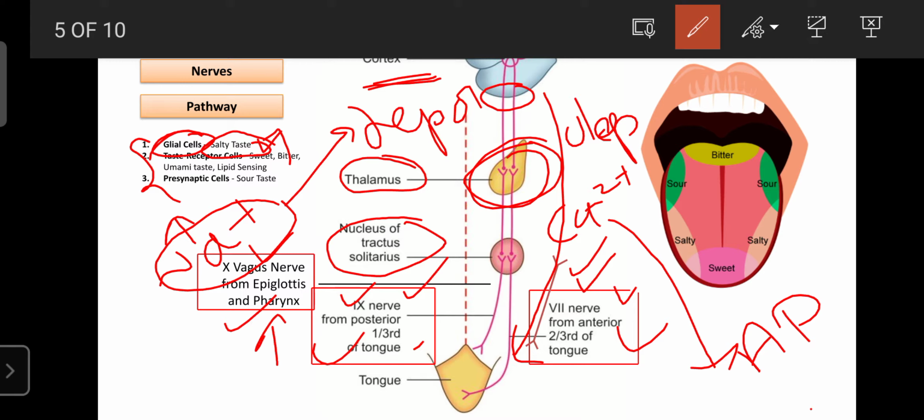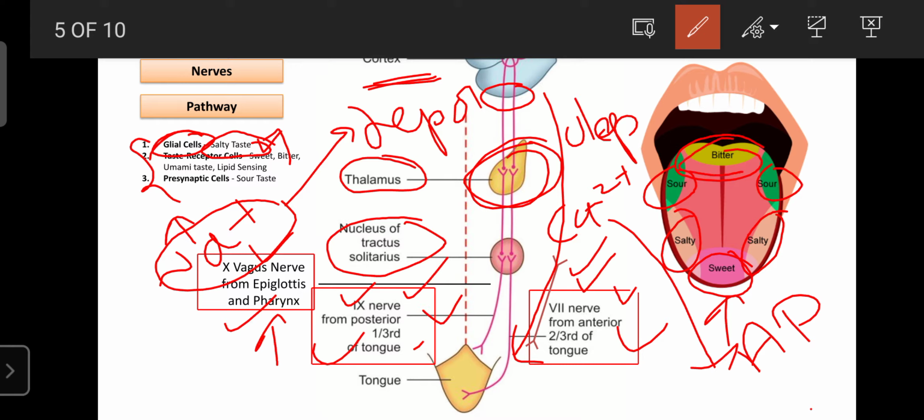This part of the tongue is helpful for the detection of the sour taste. Whatever cells are present in these parts of the tongue are involved in the detection of salt. Then the apex of the tongue, or tip of the tongue, is involved in the detection of sweet. Then this part is the end of the anterior part and the start of the posterior part.